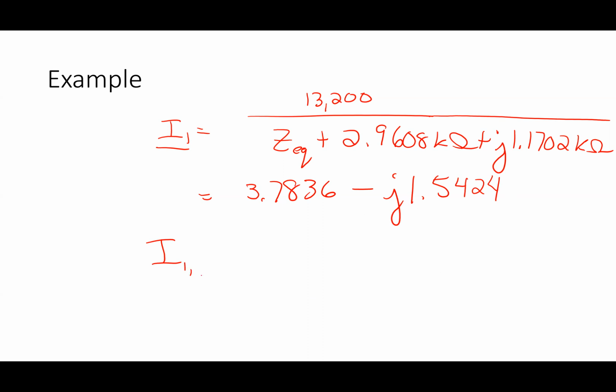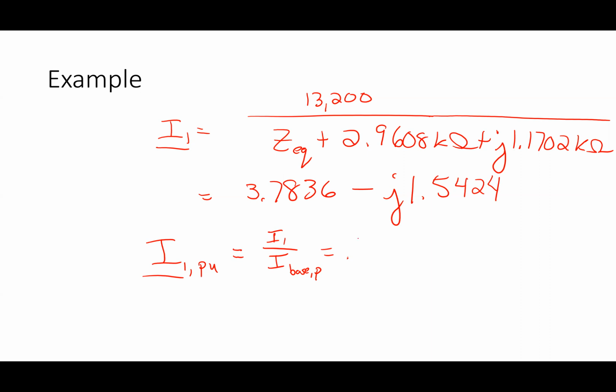So I said I1 per unit. How would I get to that, do you think? Yeah, I divide it by I base, right? So I express that as a percentage. So I say I1 divided by whatever I base primary is. And this ends up being, now let me ask you, a number less than 1 or greater than 1? Less than 1.